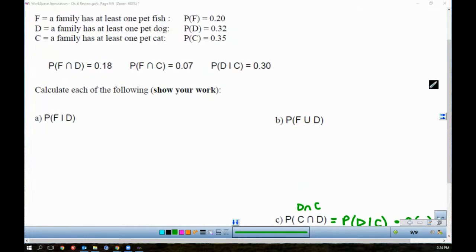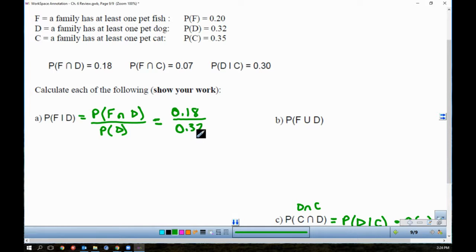For A? Okay, so the probability of F given D is the probability of F intersect D divided by the probability of D. So F intersect D is 0.18 divided by the probability of D, 0.32.